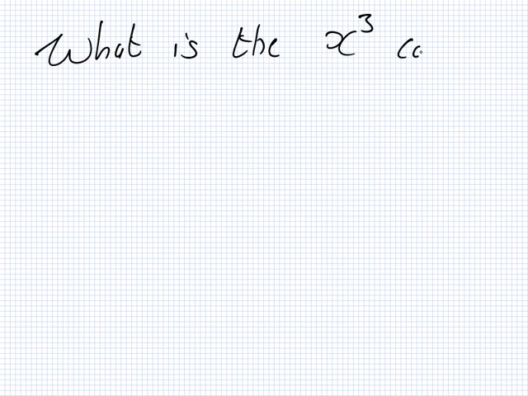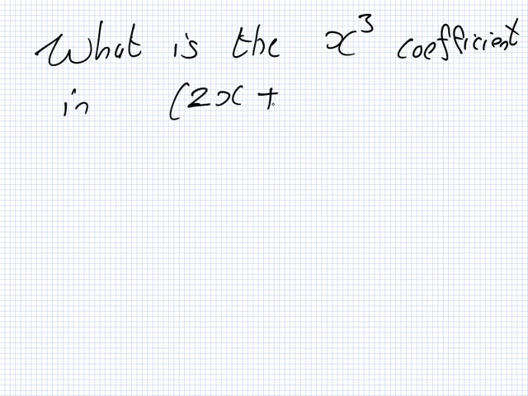So for example here, what is the x cubed coefficient in 2x plus 3, well, let's make it a minus, 2x minus 3 power 5 or something like this.